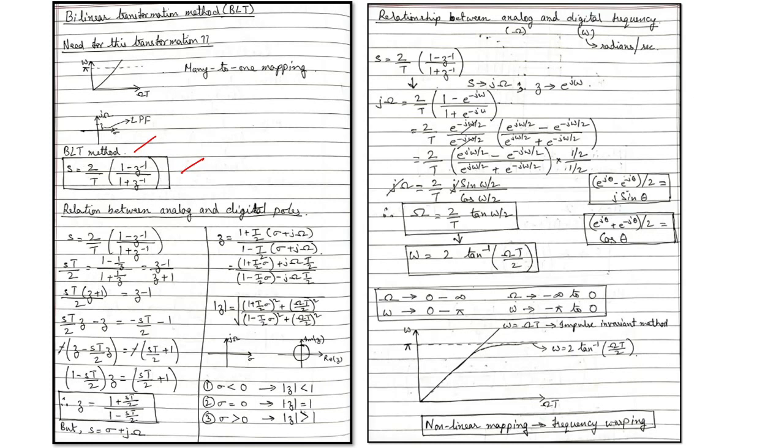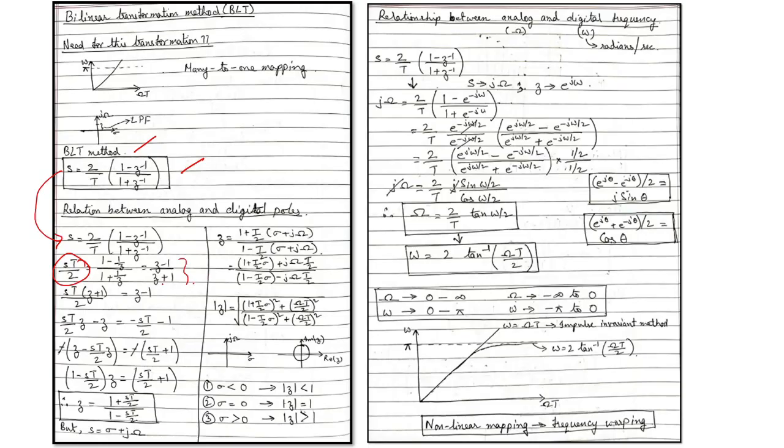Next, let's see what the relationship is between the analog and the digital frequencies. For that we have to take the bilinear transform equation, s equals 2 by T times 1 minus z inverse divided by 1 plus z inverse, and if you rearrange it, you will find that sT by 2 is equal to z minus 1 divided by z plus 1.